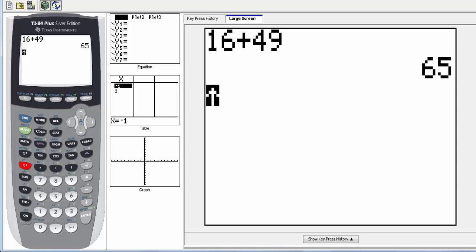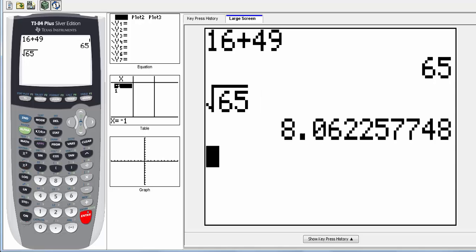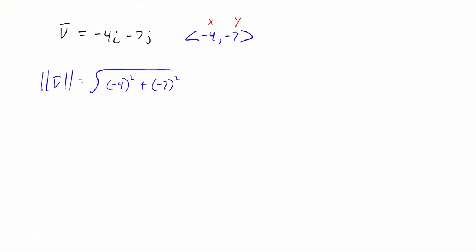Now, of course, if we take the square root of 65, we're going to get a decimal, so it's close to 8, but we'll leave it in the exact format as the square root of 65. So there's the magnitude.